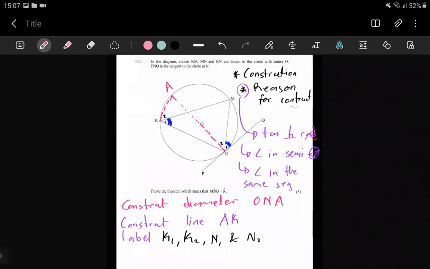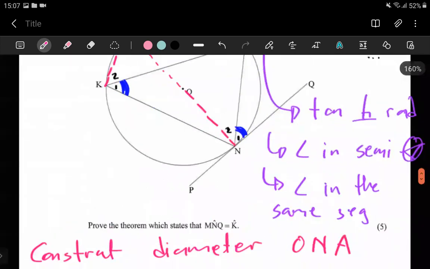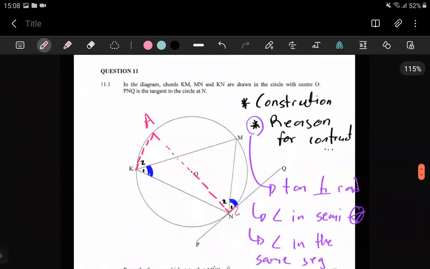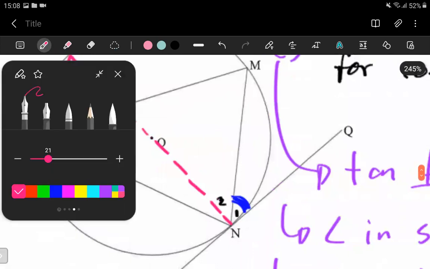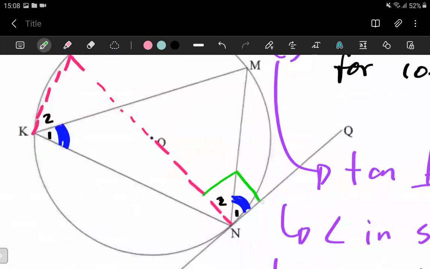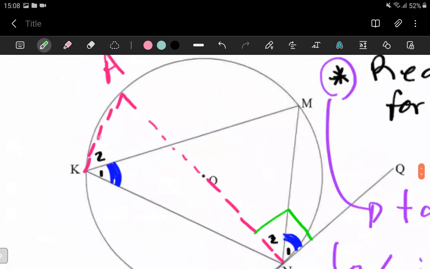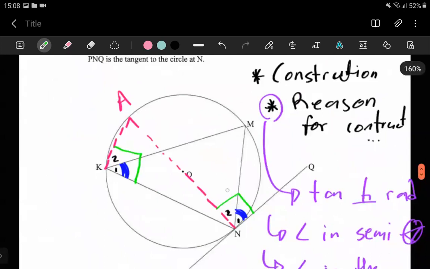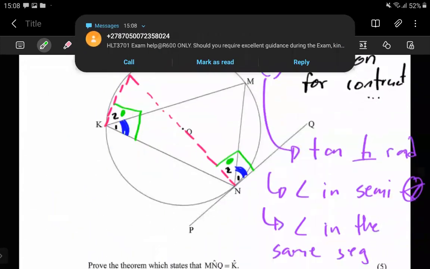So firstly, the tangent perpendicular radius theorem. You want to state that ON, or you can say OM even, or AN, doesn't matter, is perpendicular to PQ. You want to make use of the fact that this angle here is a 90-degree angle. The next thing is you also want to state that this is a 90-degree angle. Thirdly, you want to state that this angle here, ON2, is equal to K2 because angles in the same segment.